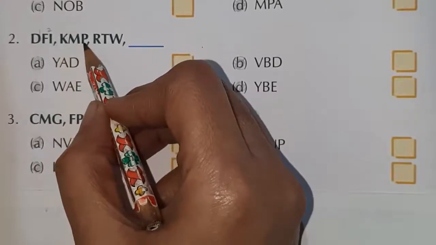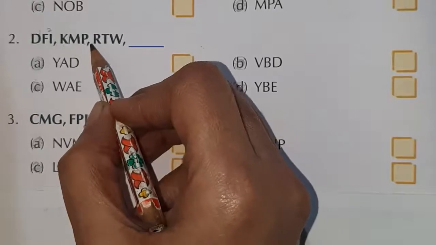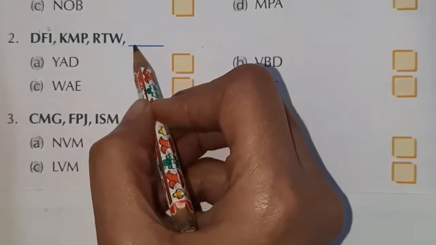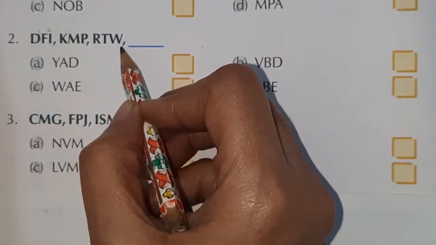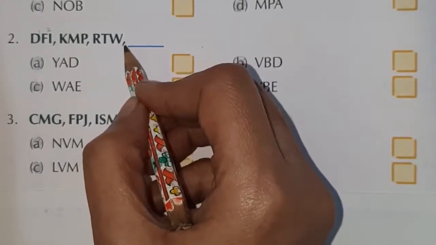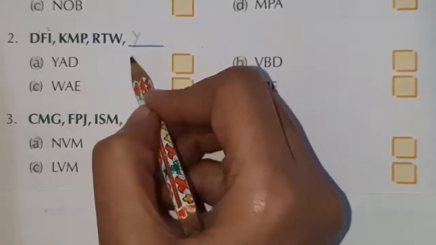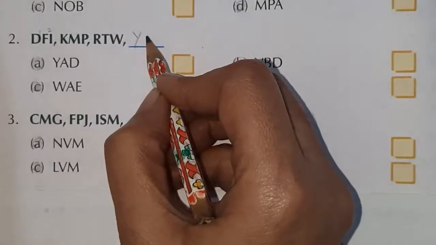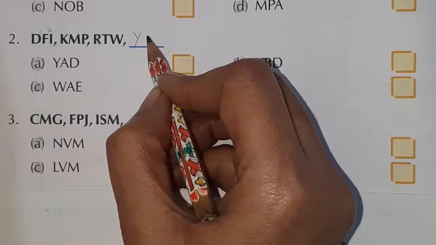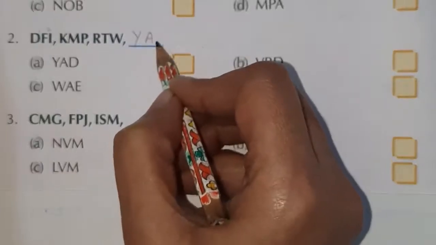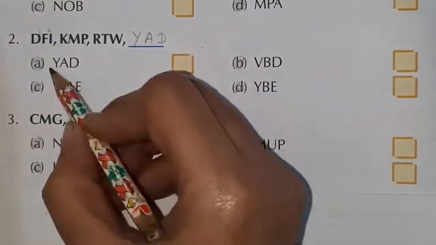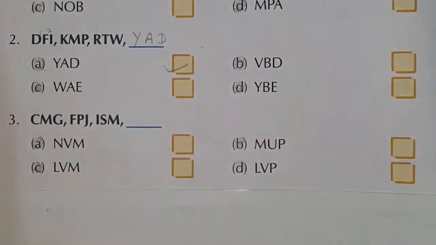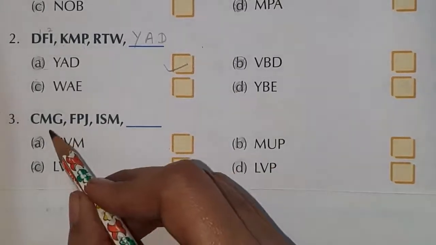K. P. Q is left. R. That means before going to the next, one alphabet was left. So after W you leave one alphabet. X. So next will be Y. Now Z will be left. A. BC will be left. D. This is option A. Got it?